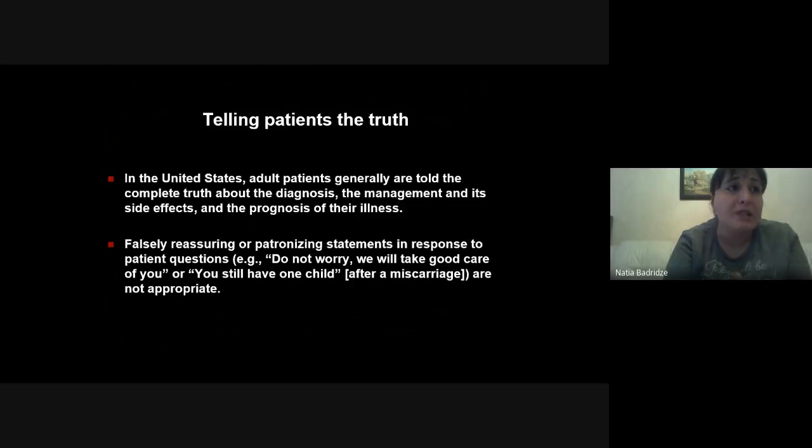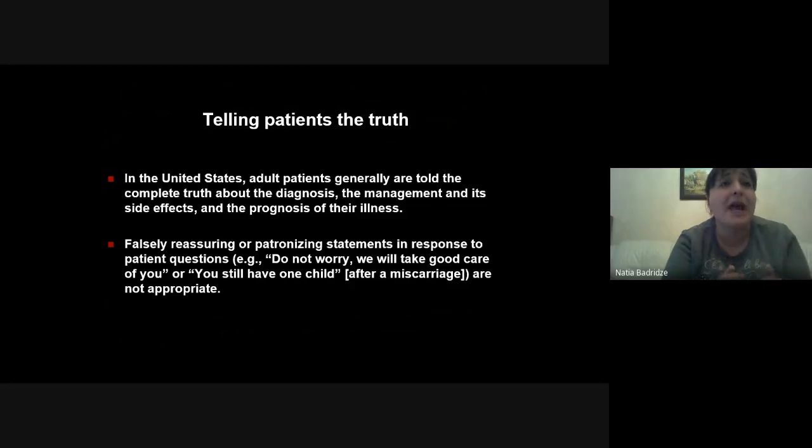But for example, in the United States, adult patients generally are told the complete truth about the diagnosis, the management and its side effects, and the prognosis of their illness. This is specific to the United States. But of course, in other countries, for example in Georgia, it is not like that. If the patient has cancer, some patients prefer not to know the real diagnosis.